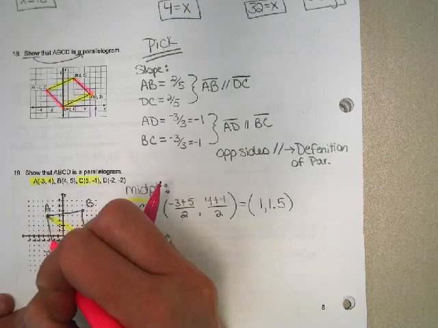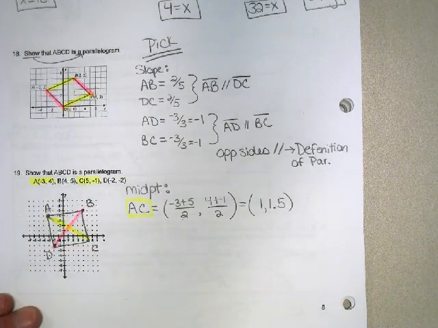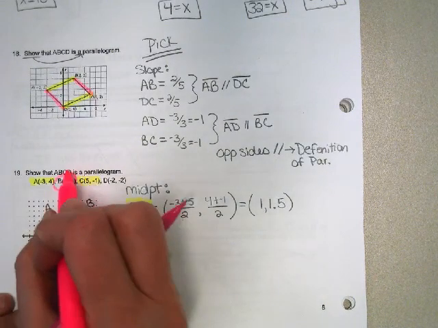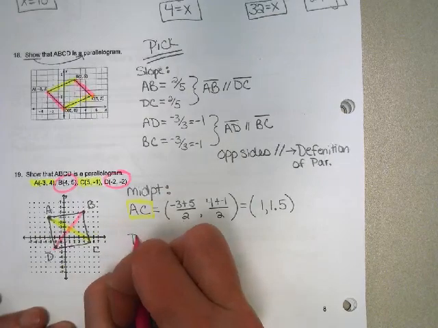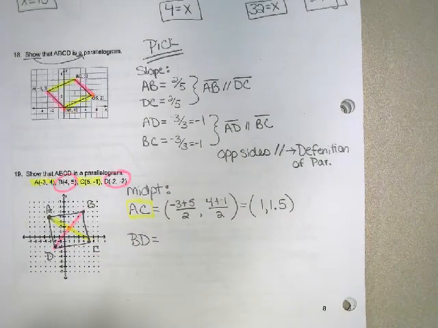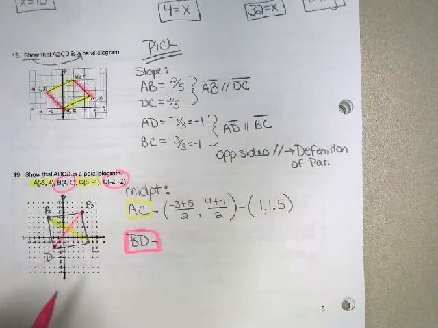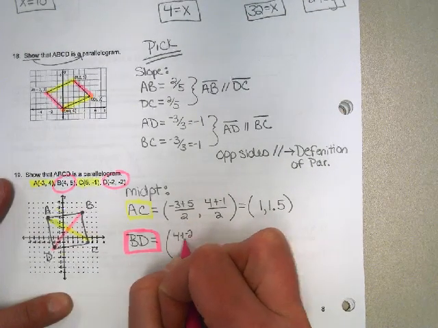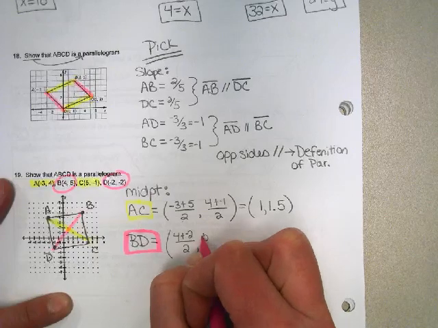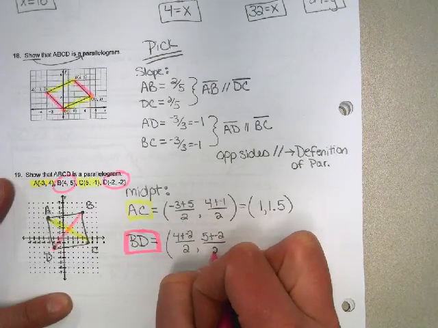Now, oh here, I can draw this in. That's this diagonal. When I do the other diagonal, it better be the same midpoint or I've got a serious problem, okay? So now I'm going to do the midpoint of BD. That's going to be this pink one.